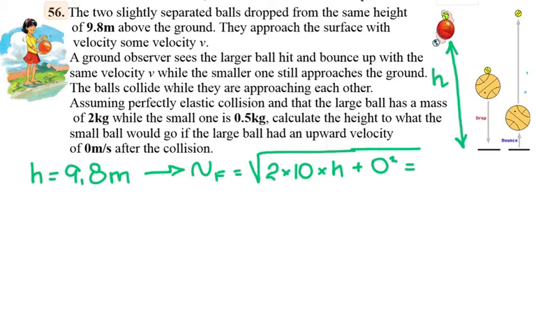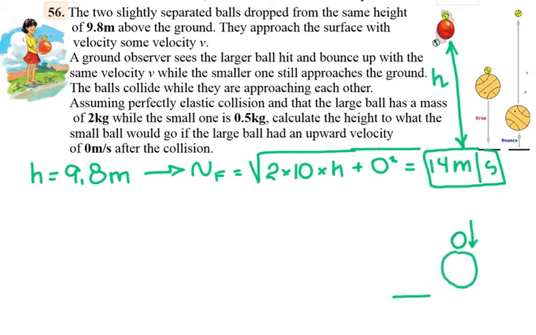If I plug in 9.8 into the formula, I get 196, and taking that to the power of 0.5, the square root of it, gives me 14 meters per second. So the final velocity is 14 meters per second. That means the small ball and the big one both hit the ground at 14 meters per second.